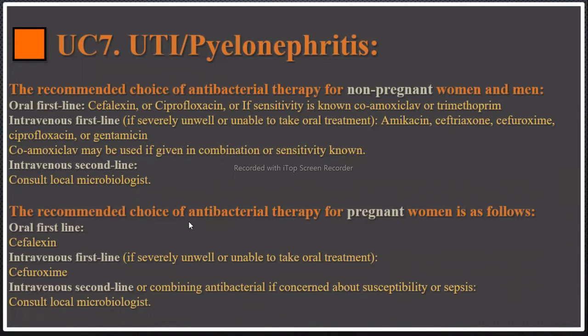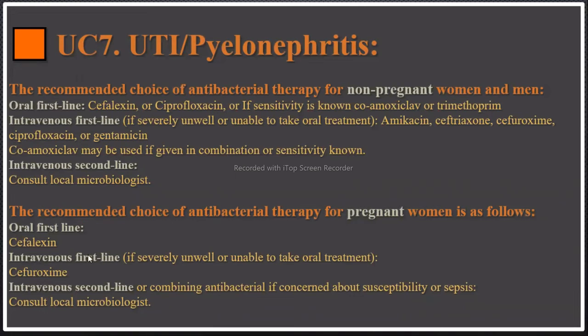The recommended choice of antibacterial therapy for pregnant. So we finished the non-pregnant and the men, now pregnant. So oral first line, same, cephalexin only. Intravenous first line, if severely unwell or unable to take oral treatment, we are talking about pregnant, but intravenous: cefuroxime.